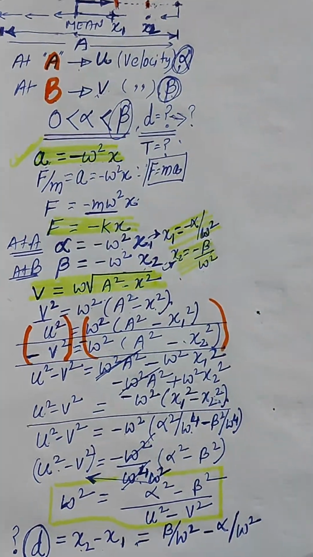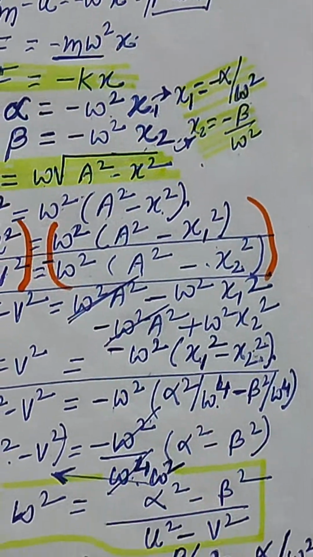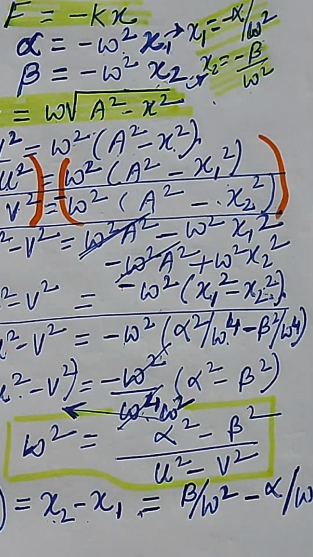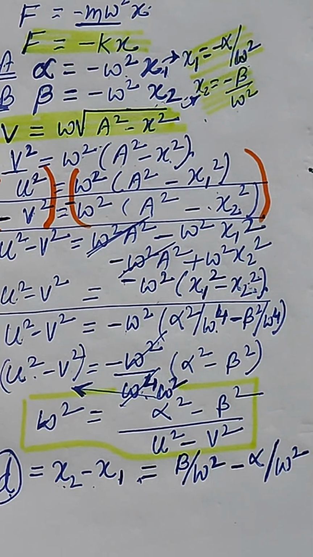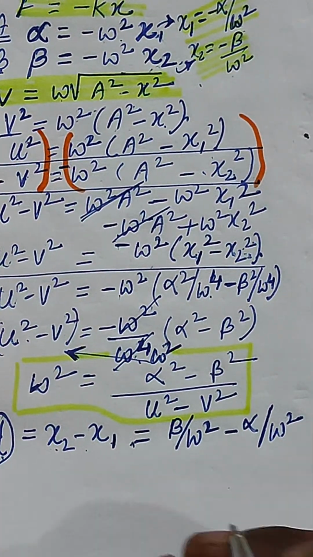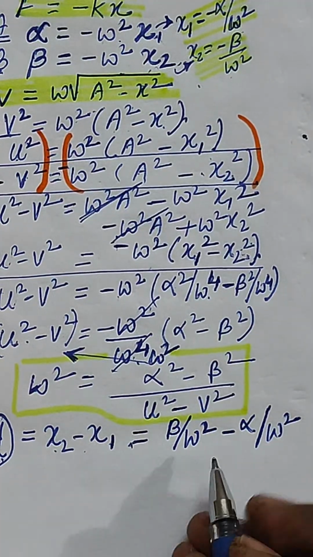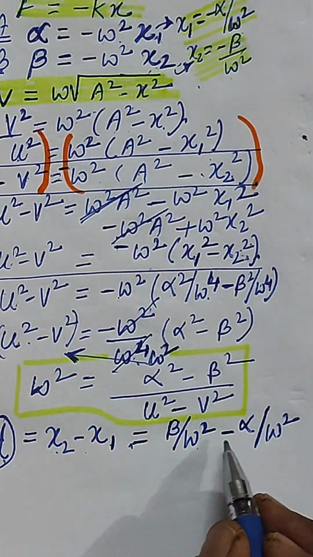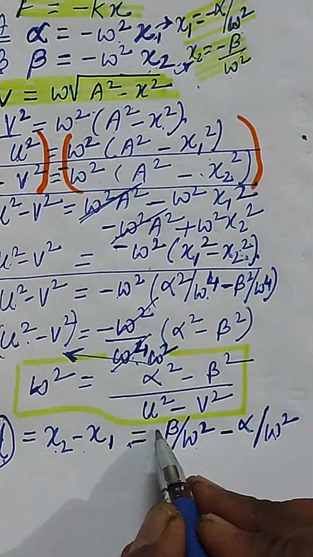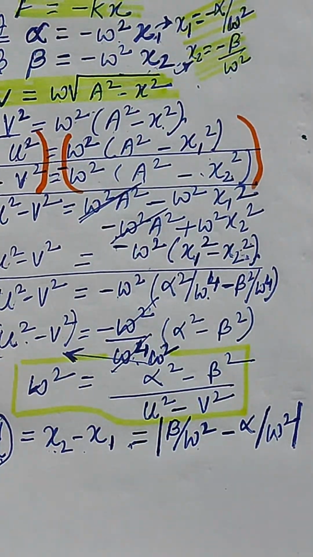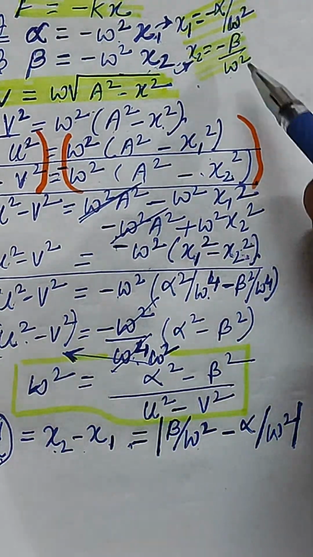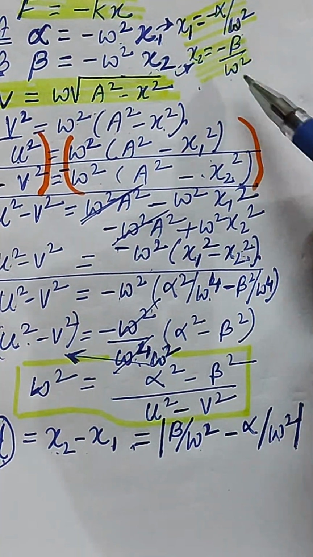What is the benefit of this? If it's not visible to you, I can just enlarge it a little, right? Is it fine? Yeah. So x2 minus x1 is the difference between beta by omega square and alpha by omega square. And if you take the magnitude, then the negative sign can be ignored for reference.